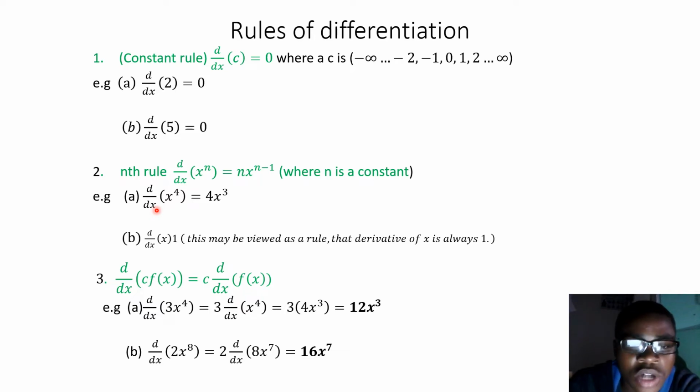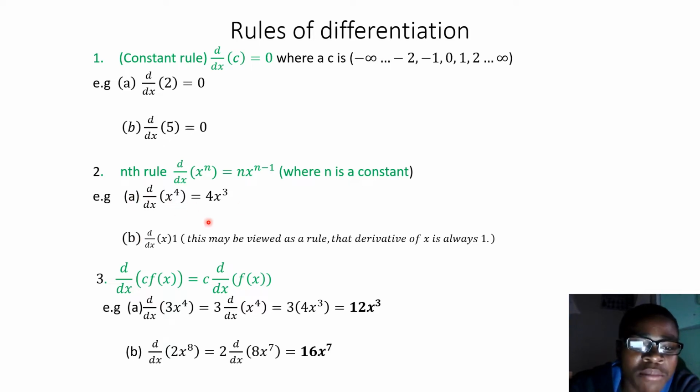The second rule, the most important rule here, is called the nth rule. Now, the nth rule says whenever you derive an expression with respect to x that has got an exponent n, you multiply the existing coefficient by n, and then you raise x to the previous exponent, which was n, then you subtract 1, where n is also a constant.